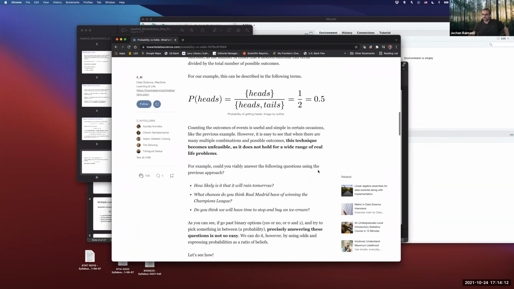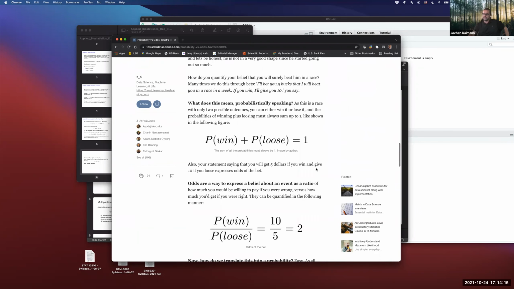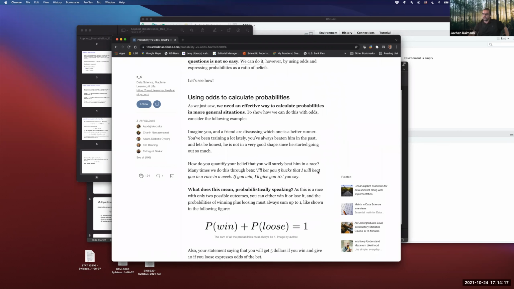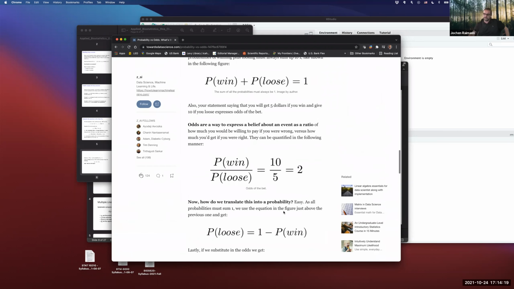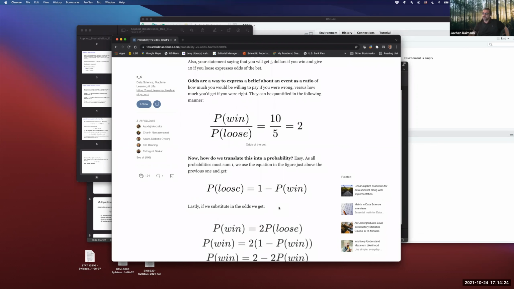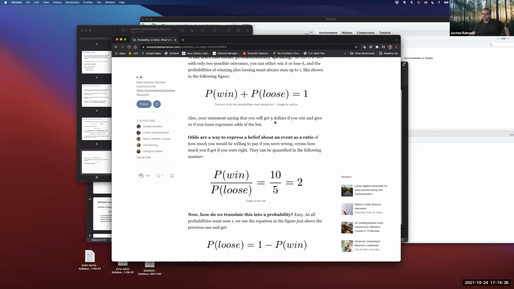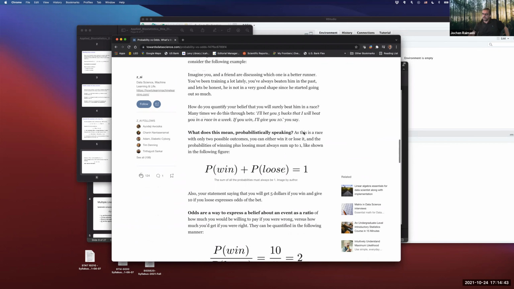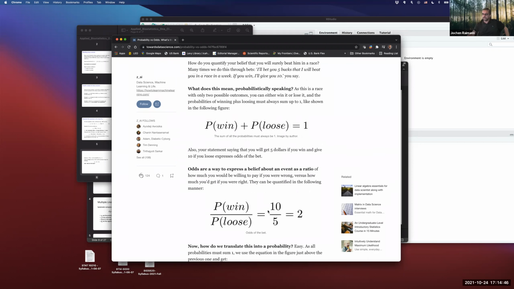If you are using the odds instead, think of it as the probability of win over the probability of losing.